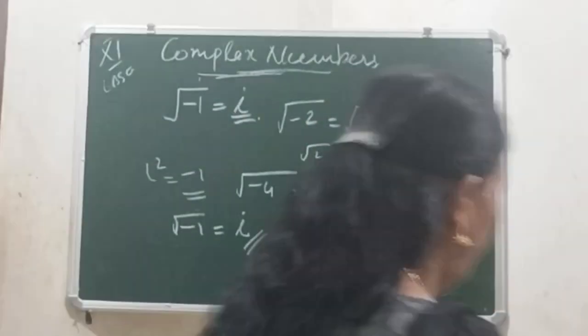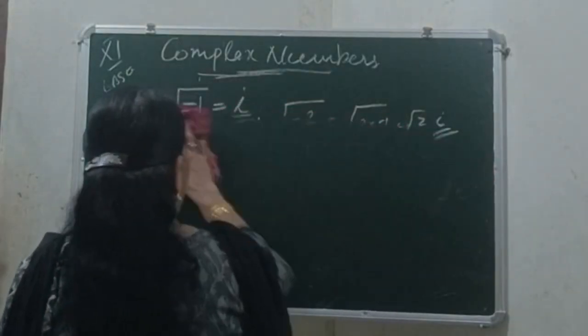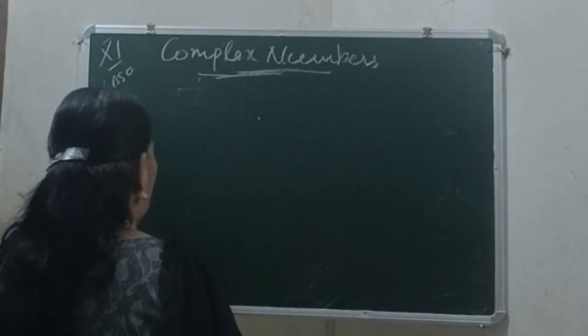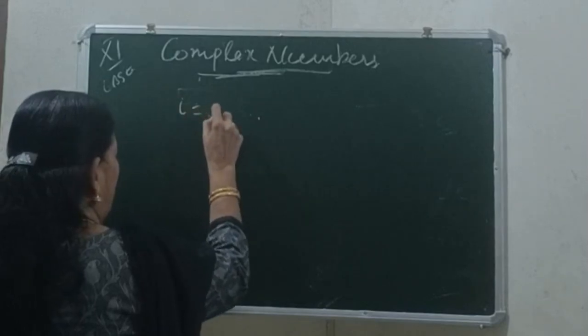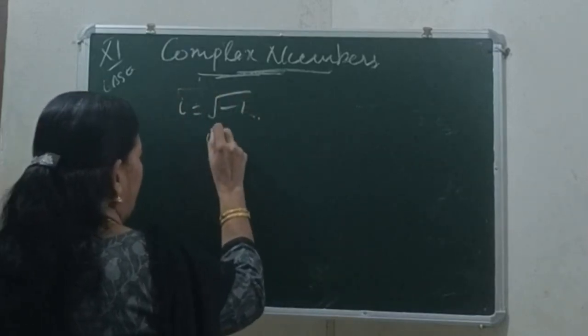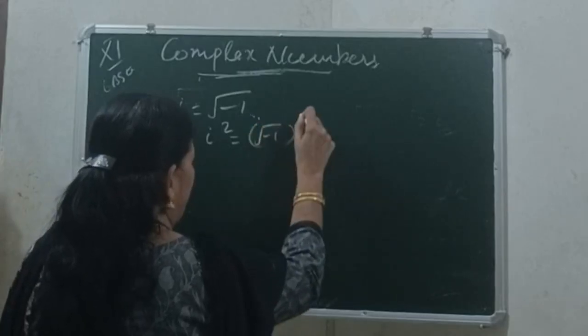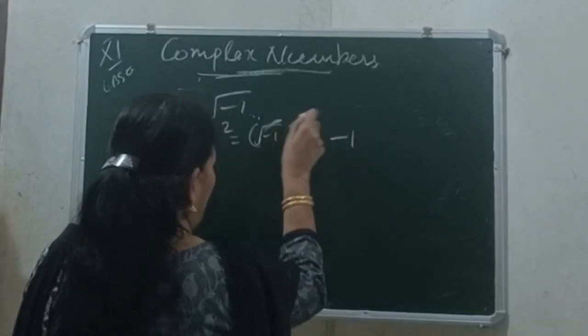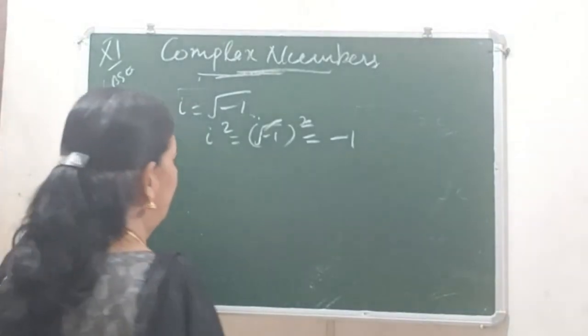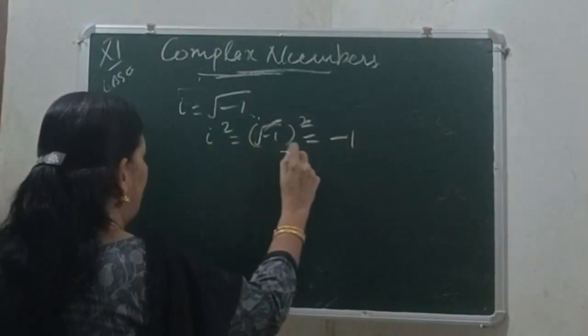By squaring, we get the value of i as root of -1. Squaring both sides, we get i square equal to root of -1 the whole square, that is -1. The root and square cancel out. i square equals -1.